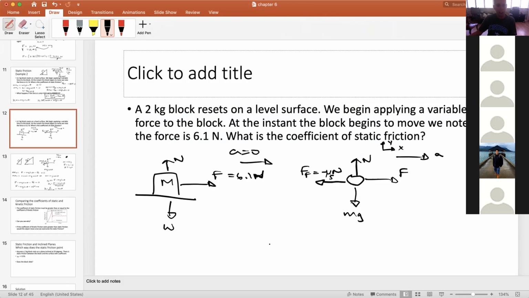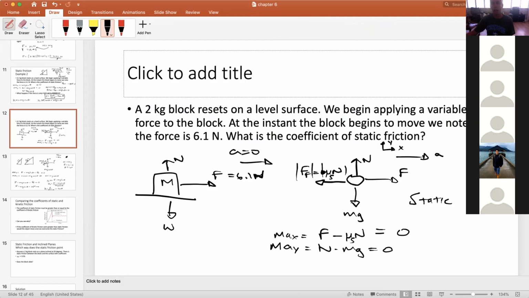Now writing these, MAY and MAX, and I always write them backwards, just something I do. MAY is 0. MAX is F positive minus mu N. This is not a minus though, you can think of it as a magnitude. So that's minus mu N. That is also 0 because we are doing static friction, and static means A and B are both 0.